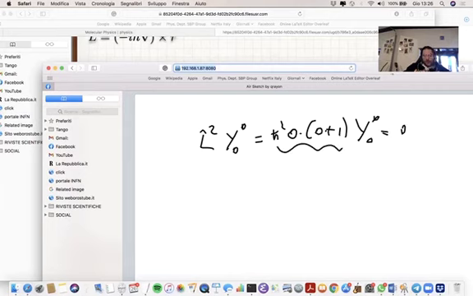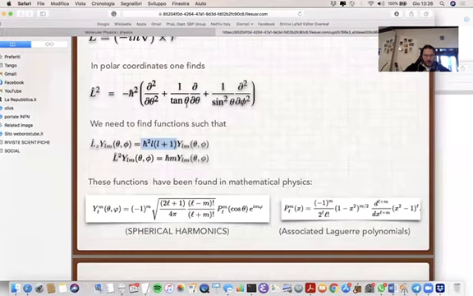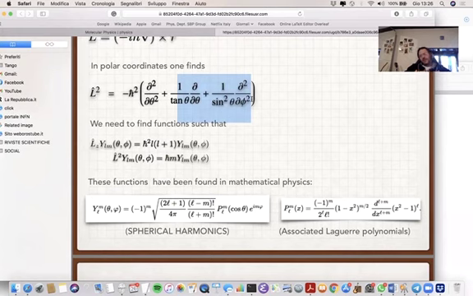And in fact, you can verify, because this is a constant, and each and every term here contains a derivative either with respect to theta or with respect to phi. Since this doesn't depend on either theta or phi, this term acting on this is a derivative of a constant, and it will give me 0. So this is in fact an eigenfunction of L squared.